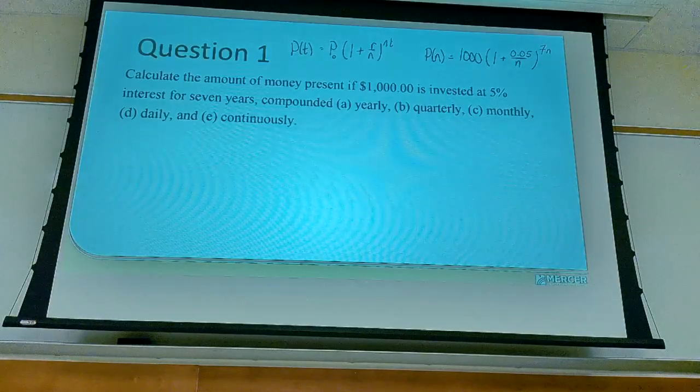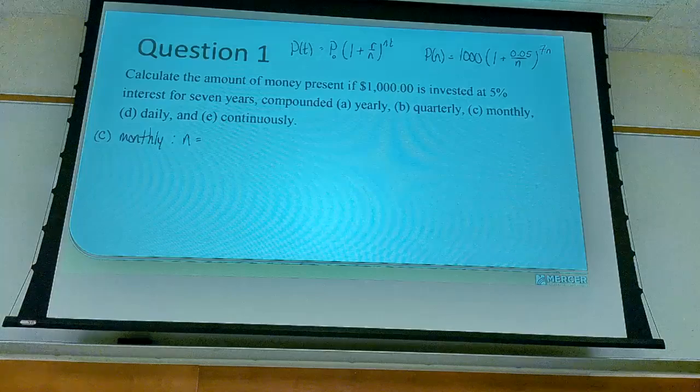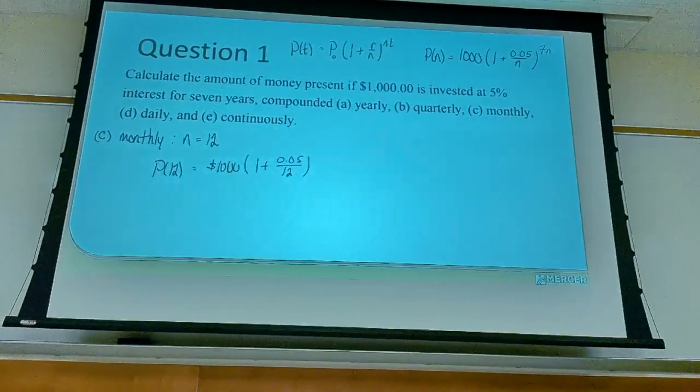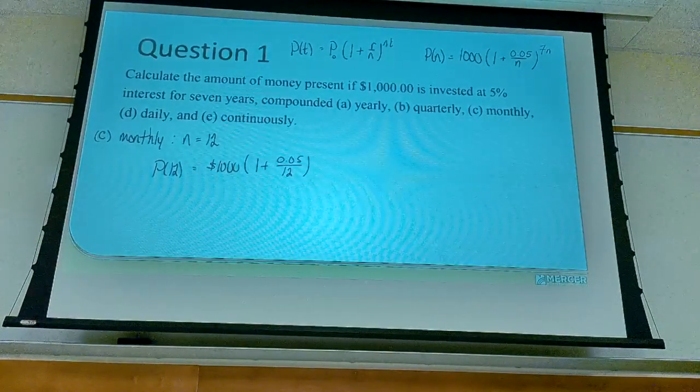Monthly is next. If it compounds monthly, what's n? That means we look for n of 12. And 7 times 12 is 84, right?